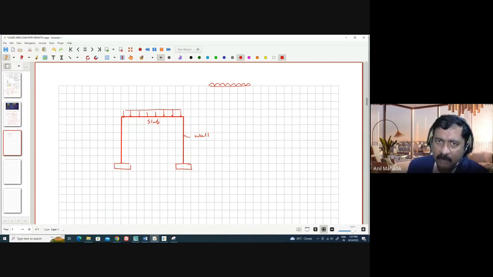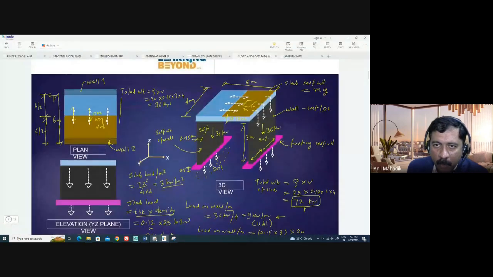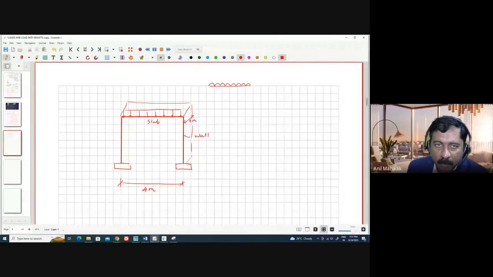Now let's calculate the load per meter wall length, per meter slab width. I will assume this is 1 meter only. And this span is how much? 4 meters? No, 6 meters.